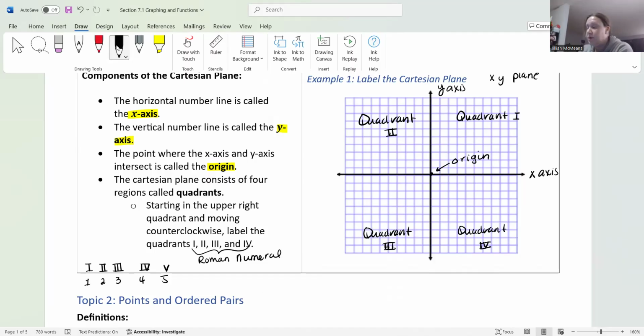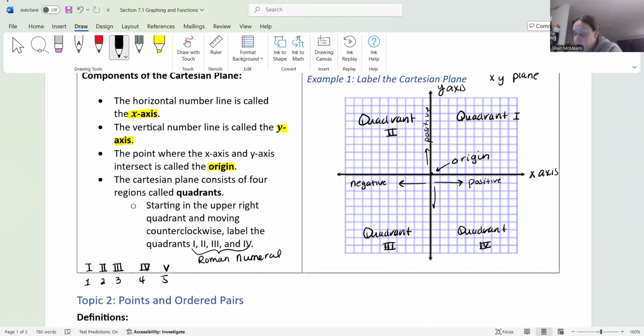I do want to point out that the origin is kind of like home base. As we move away from the origin in the right-hand direction, we're going positive on the x's, and we're getting bigger. As we move to the left from the origin on the x-axis, things are negative and getting smaller. From the origin, as we move up, things are positive and getting bigger for y.